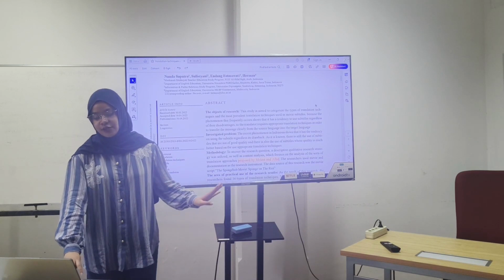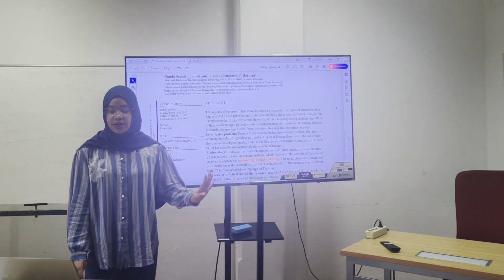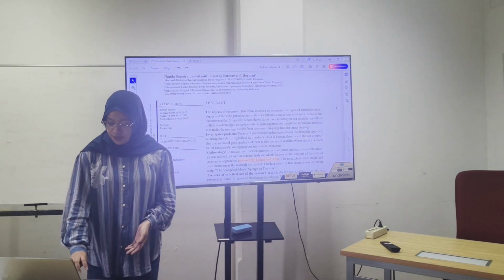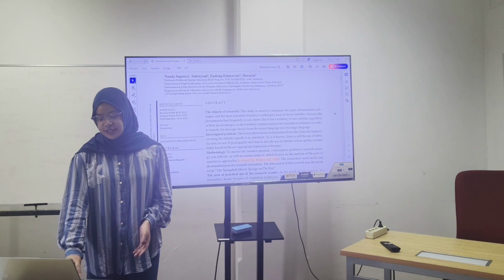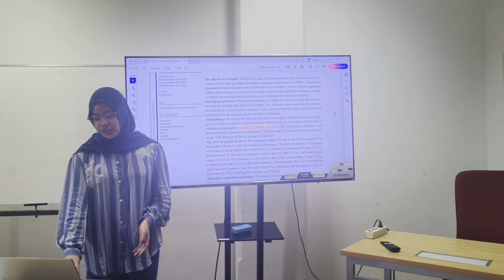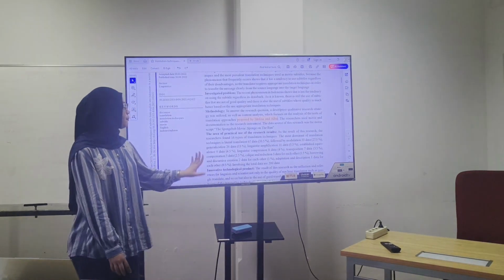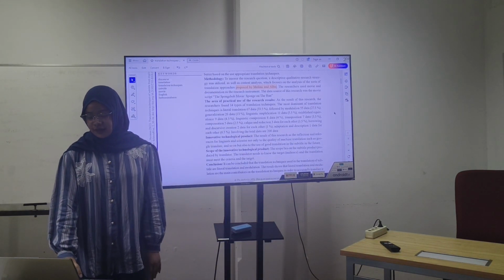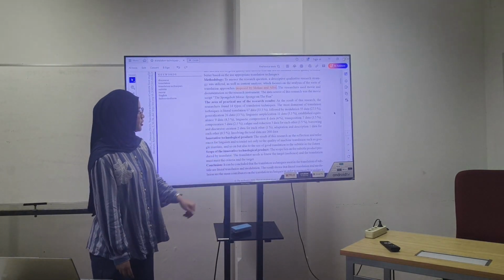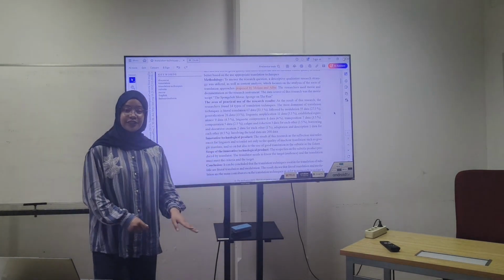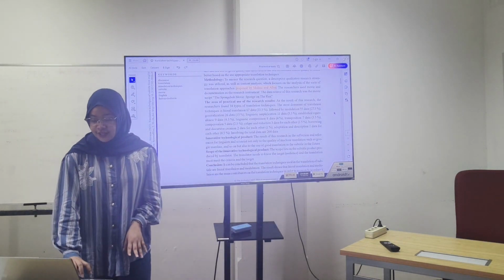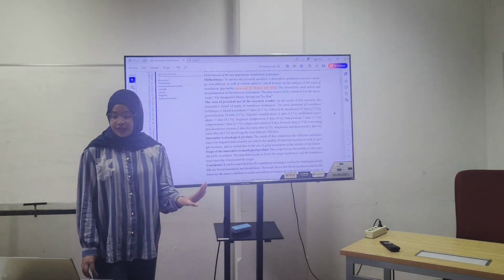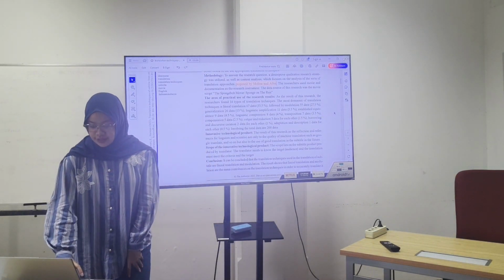So the translator requires an appropriate translation technique in order to convey the message of the movie in the subtitle itself. This article used the translation techniques proposed by Molina and Albir, and as the result of the research, the researchers found 14 types of translation techniques, and there are some dominant translation techniques, which I will tell you about later.